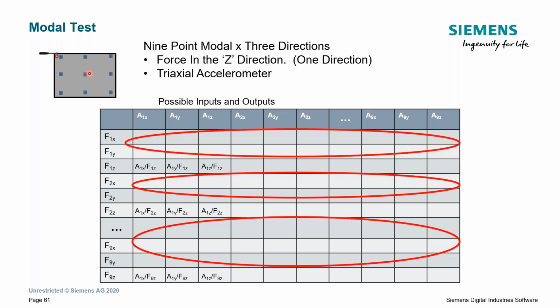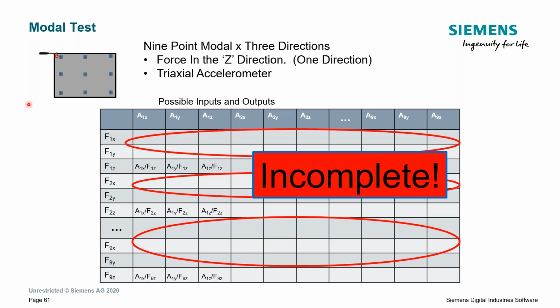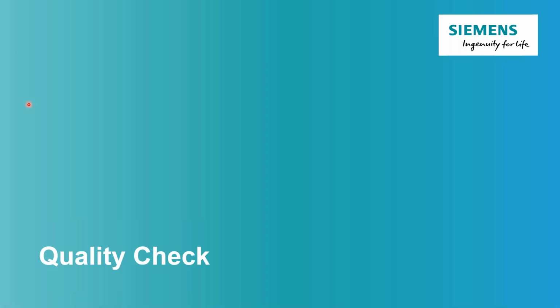I'm not going to get an accurate analysis by doing that. So a lot of times, my personal recommendation is to do a roving accelerometer because it's easier to move that accelerometer and measure those 3 degrees of freedom without having to alter my system at all. Okay. But that's the difference between roving hammer and roving accelerometer.